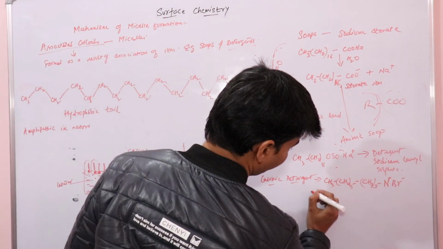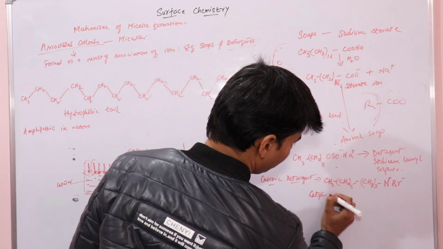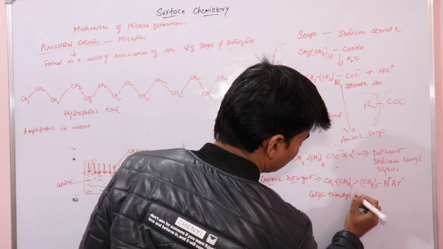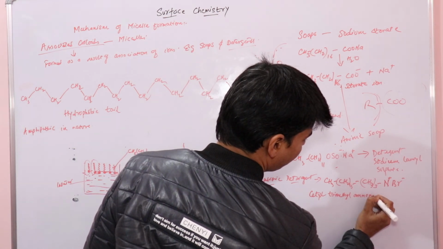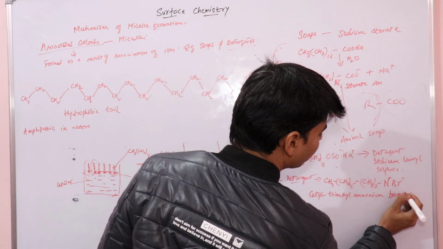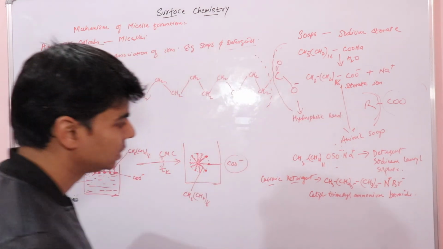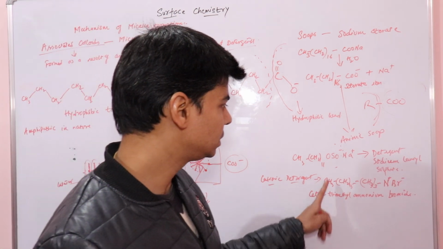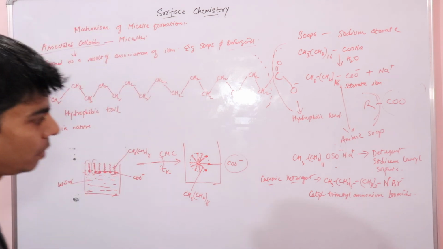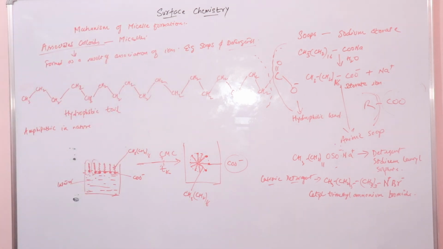I'll write it over here for you: cetyl trimethyl ammonium bromide. This is an example of a cationic detergent, and this is an anionic detergent. And the mechanism of the formation of micelle would be similar in both the cases.